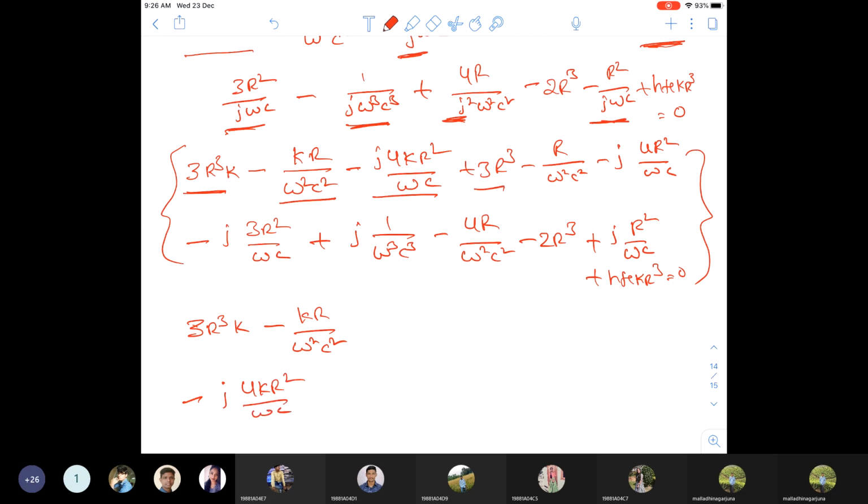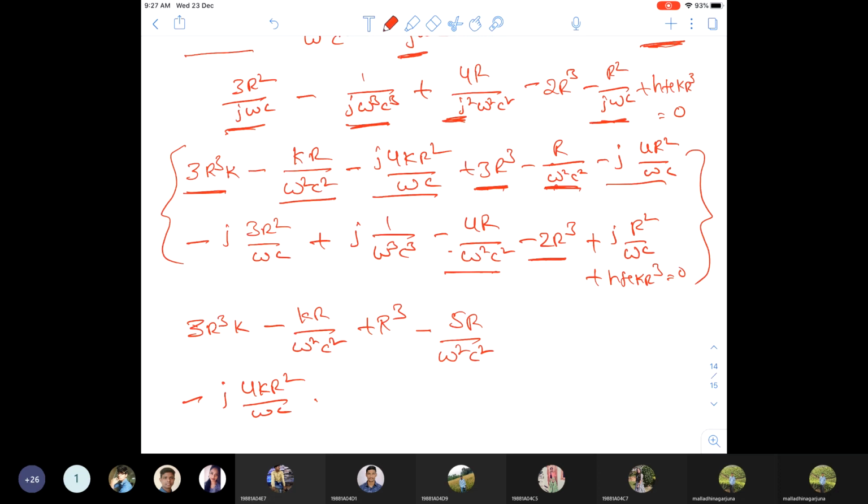This is real: plus 3r cube minus 2r cube, which I can write as r cube. Next, minus r, with the same denominator omega square c square, minus r minus 4r. So finally we'll get minus 5r by omega square c square.